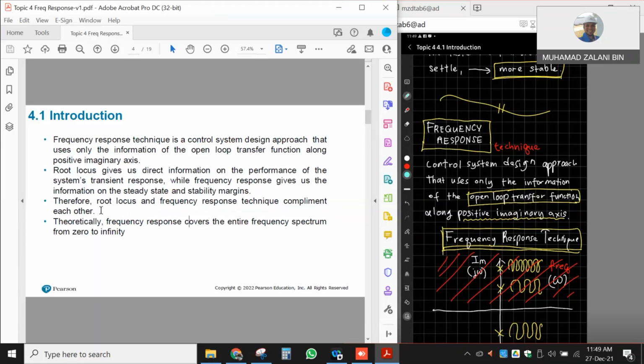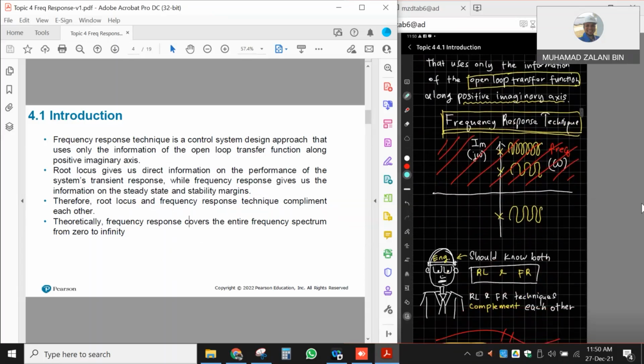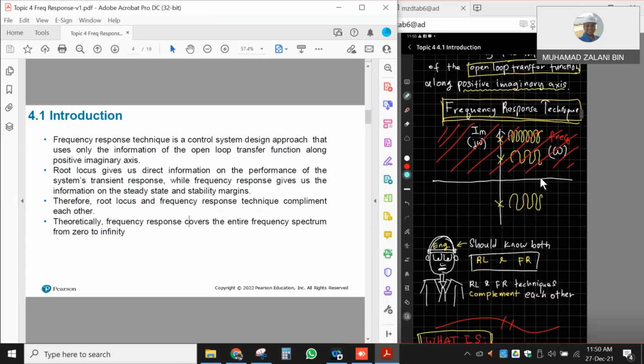The root locus technique and frequency response technique actually complement each other. What frequency response covers is the entire frequency spectrum. As you can see in these lecture notes, it covers the top half plane of the imaginary axis, starting from 0 to infinity.